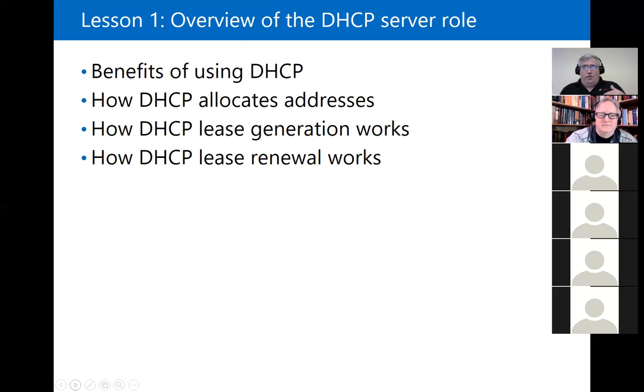Whereas if you got 100 people, then it's a lot harder to manually do all that. So they've come up with DHCP to have the IP address allocation done at the server level. So you have a DHCP server, which then hands out addresses to the clients.